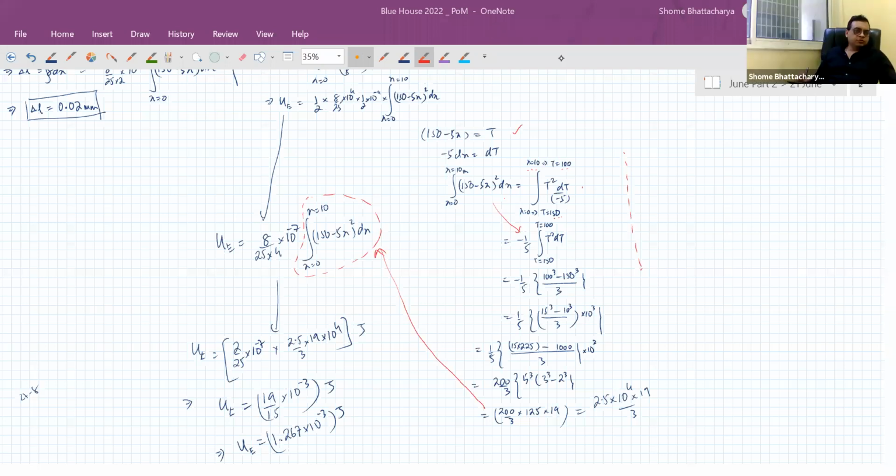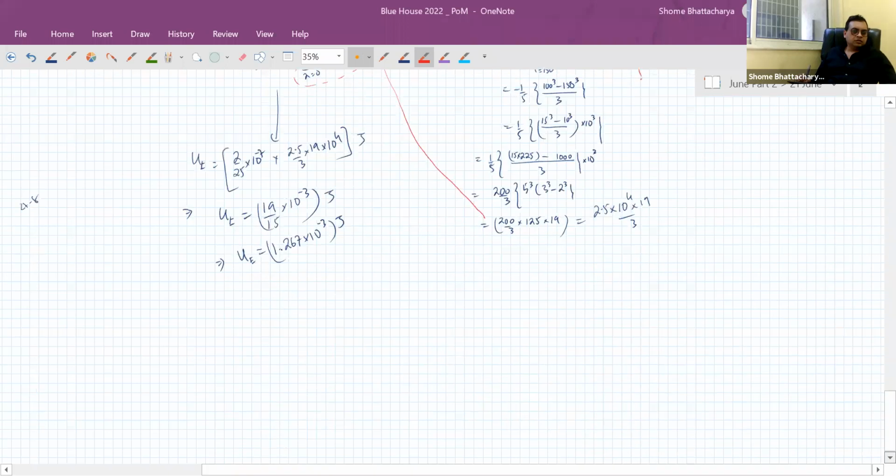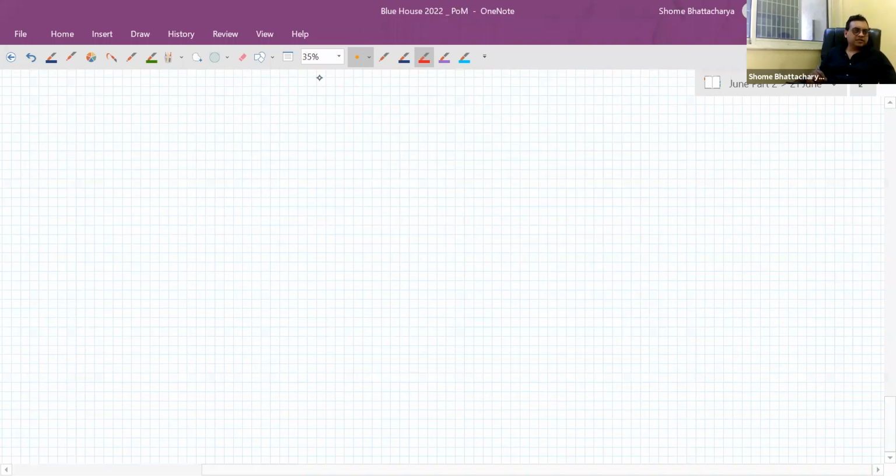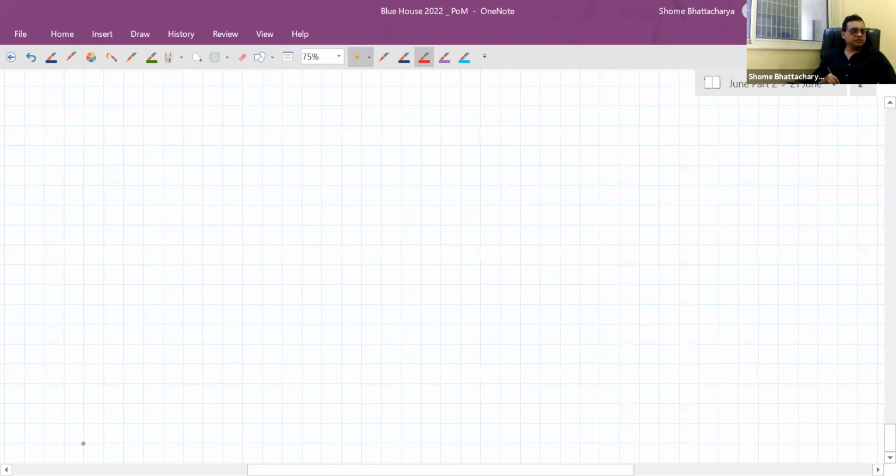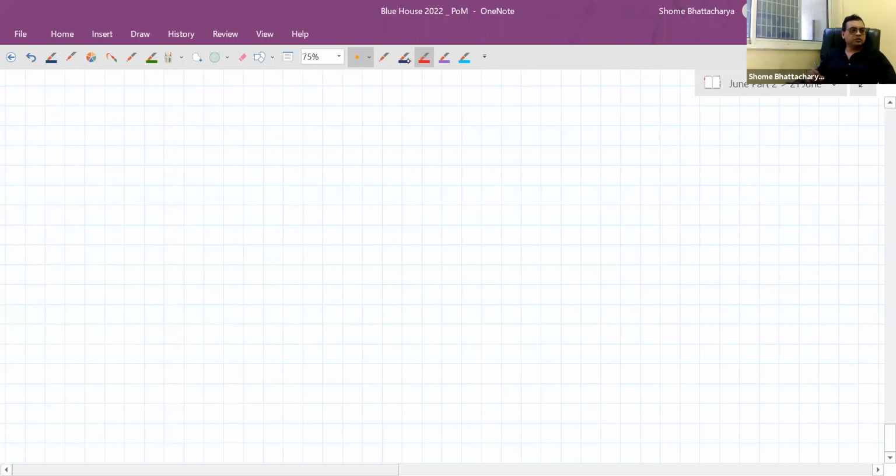Okay, so now let's move on to the next aspect of stress and strain we want to discuss before we wind up this chapter, and that is the concept of thermal stress. Change in temperature, particularly of metallic objects, causes the tendency to expand or contract.